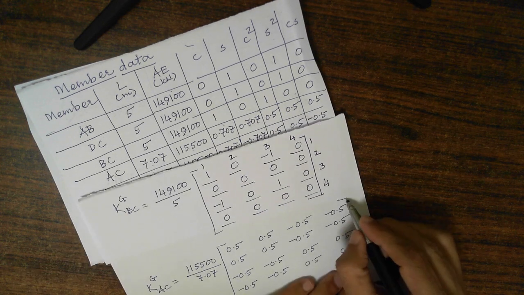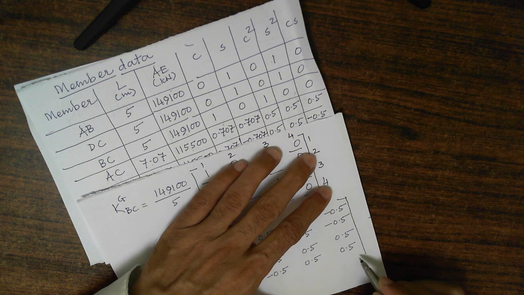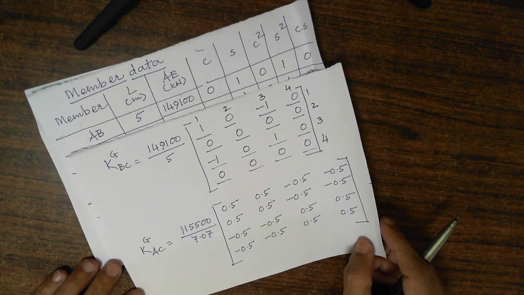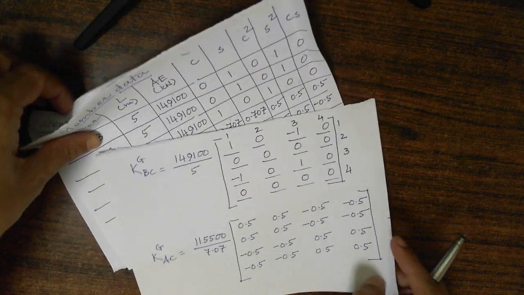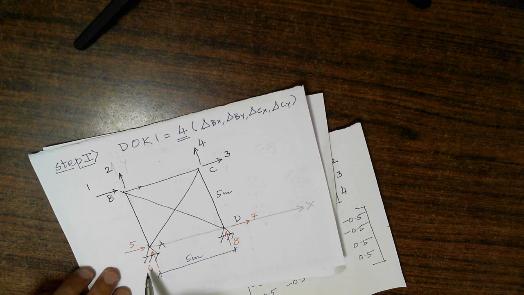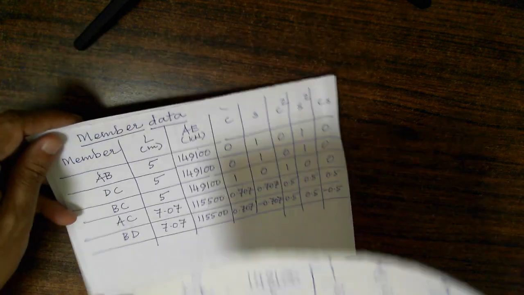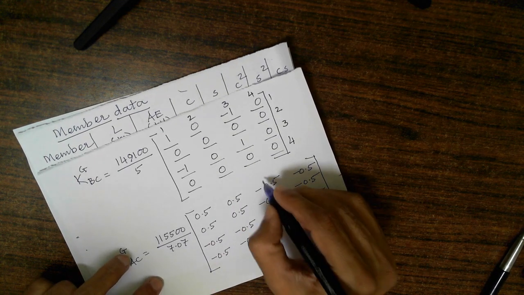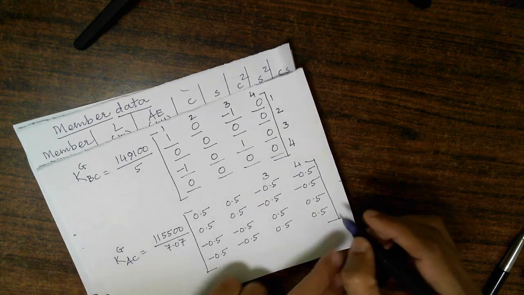A very simple matrix. The examiner must have thought about this before giving the numerical. So this is my global stiffness matrix for AC. The coordinates of AC are 5, 6, 3, 4.